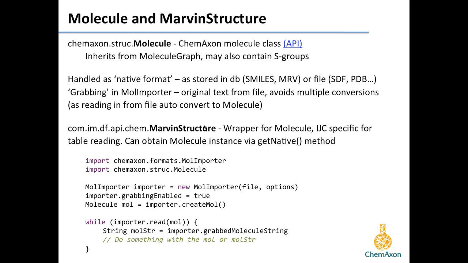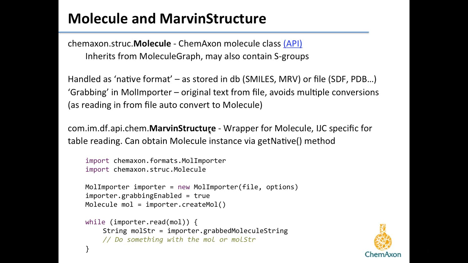Molecule inherits from a superclass, MolGraph, so you can also have S-groups or deal with Cartesian coordinates within that particular molecule. Now, molecule is effectively handled as what we call the native format, and the native format is how it's actually stored in a database or in the file, such as a SMILES string or the PDB format, or how it's stored in the SD file.